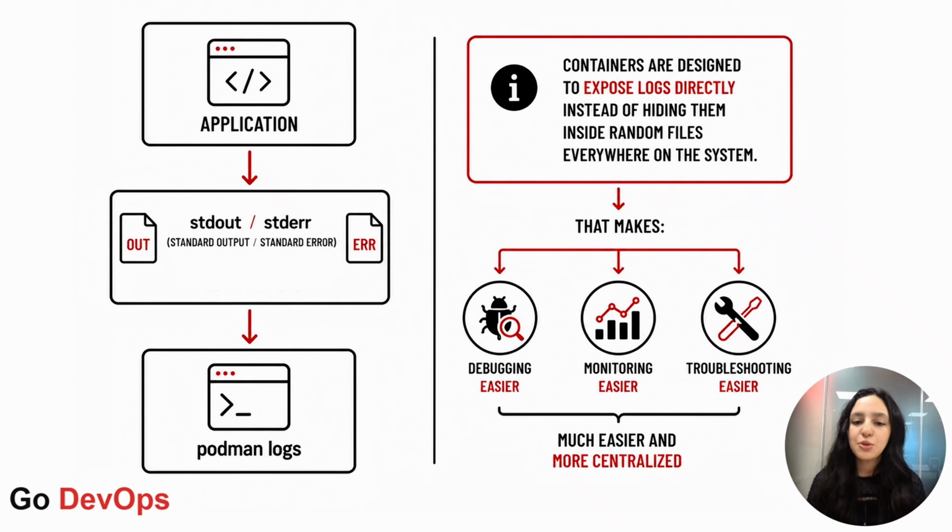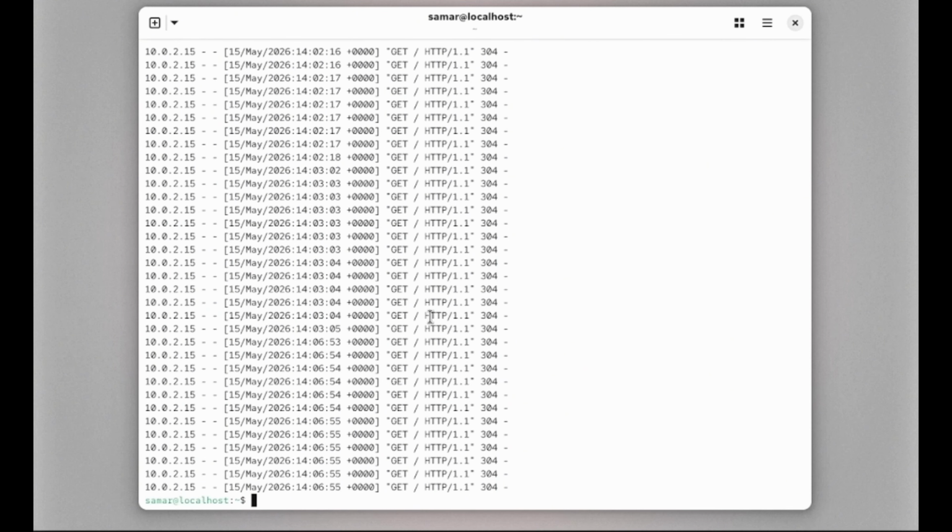Now let's investigate the container even further. Because a container contains a lot of metadata internally, like the state, the image details, the port mappings, and much more. So let's ask Podman directly with Podman inspect.